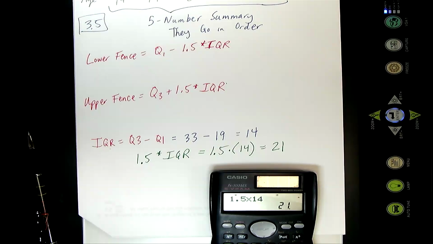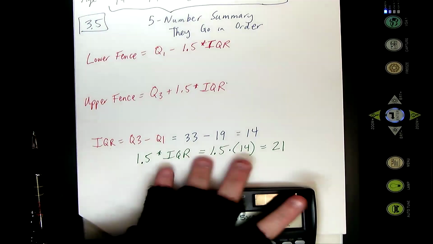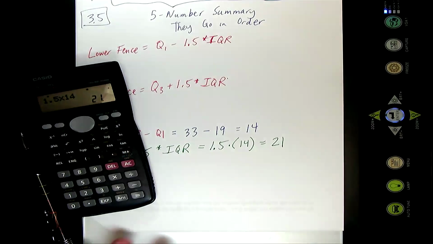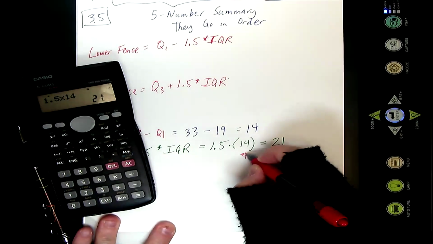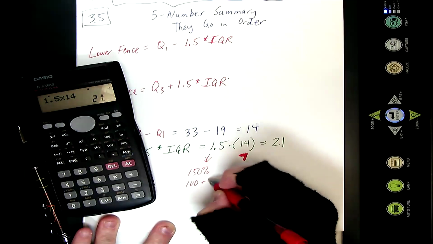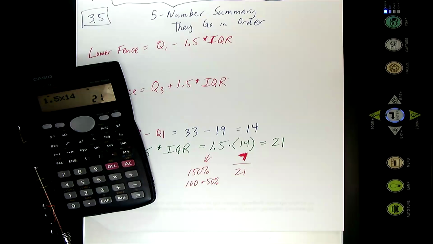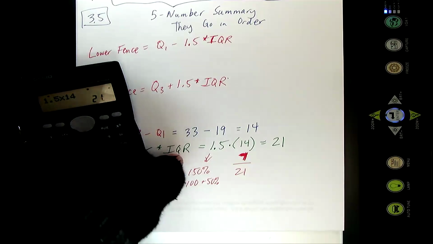I did it really quick because I'm comfortable doing 1.5 times something if it's an even number. I can identify half of it: half of 14 is 7. And 1.5 is like 150%, which is like 100% plus 50%. So adding the two, 14 plus 7 is 21. I did that quickly in my head, you don't need to. You can do this in the calculator.